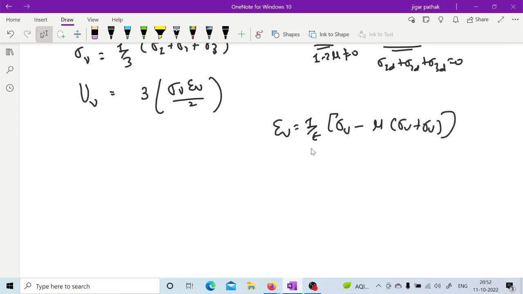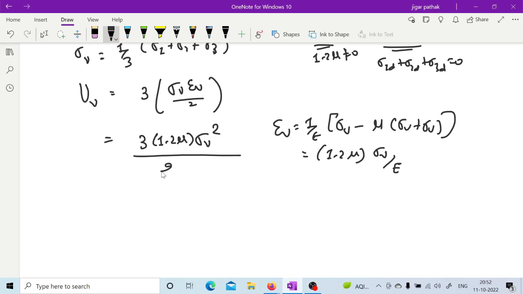So basically this will give 1 minus 2 mu sigma v upon E. If you put the value of the volumetric strain in this Uv, you will get 3 times 1 minus 2 mu sigma v square by 2E.